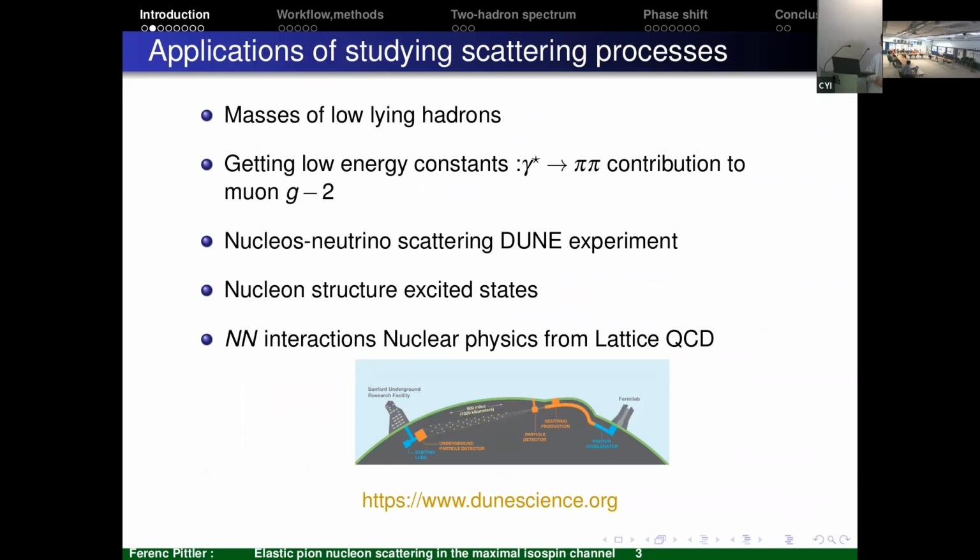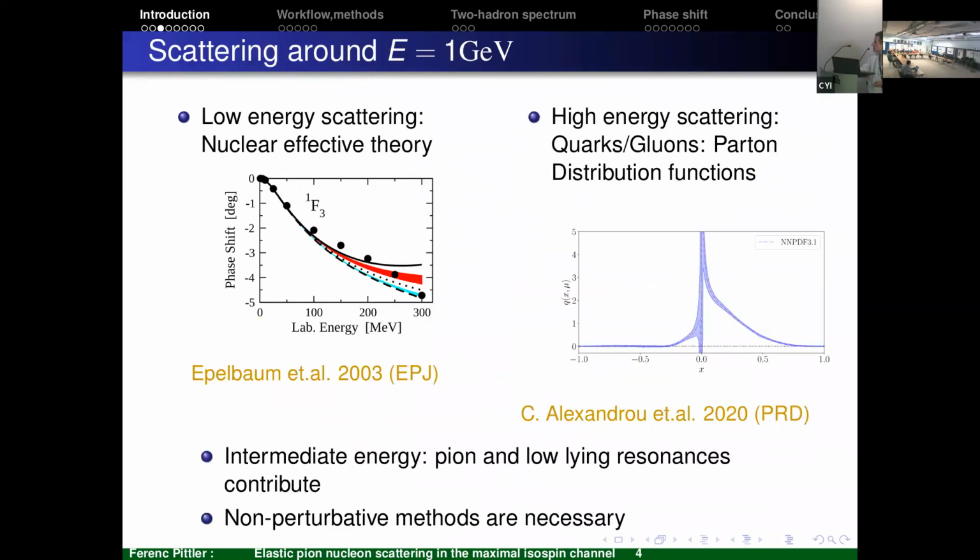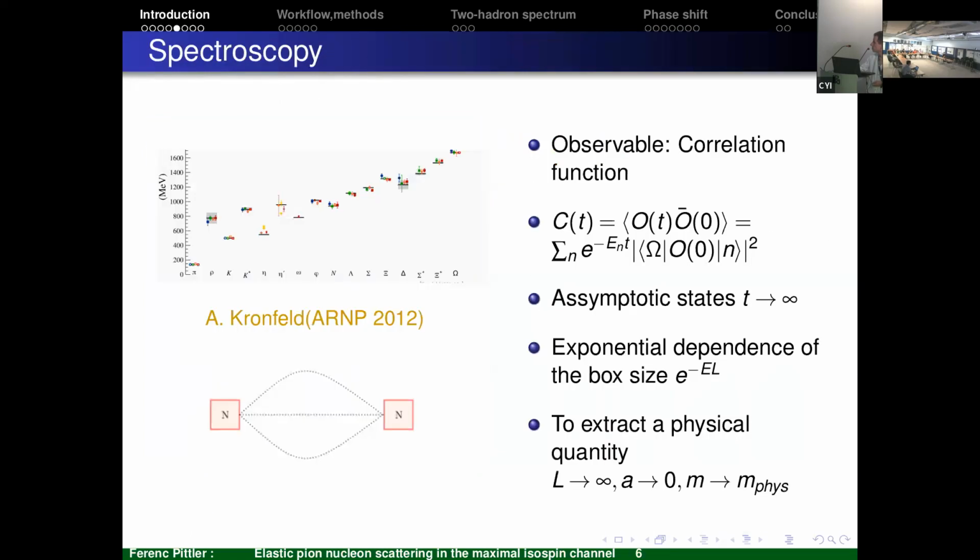Slides, if you show the correlation function. How long does it take to compute? What we compute is basically this kind of 2-point functions, with the nucleon here as an example.